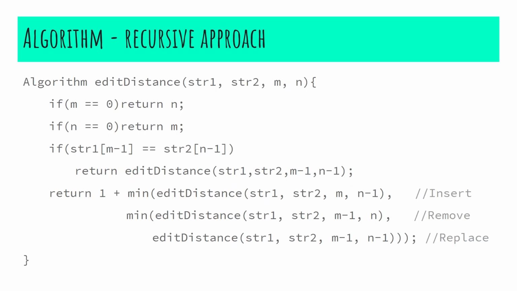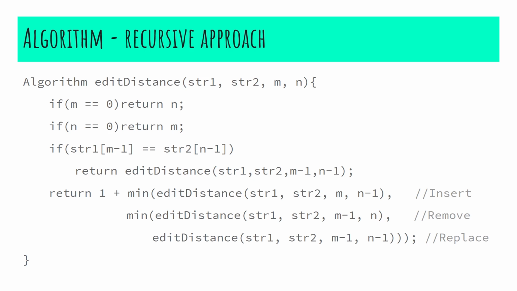Now let's look at the algorithm. At first, we will be looking at the recursive approach. If the first string is empty, then the only option left with us is to insert all the characters of the second string into the first string. Whereas, if the second string is empty, then the only option would be to remove all the characters of the first string.